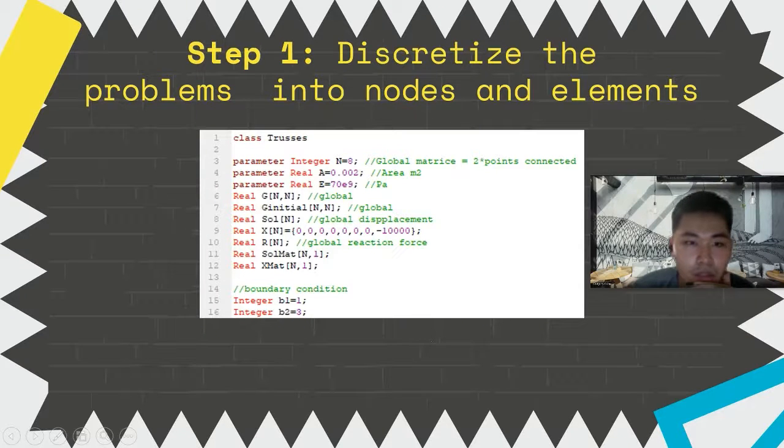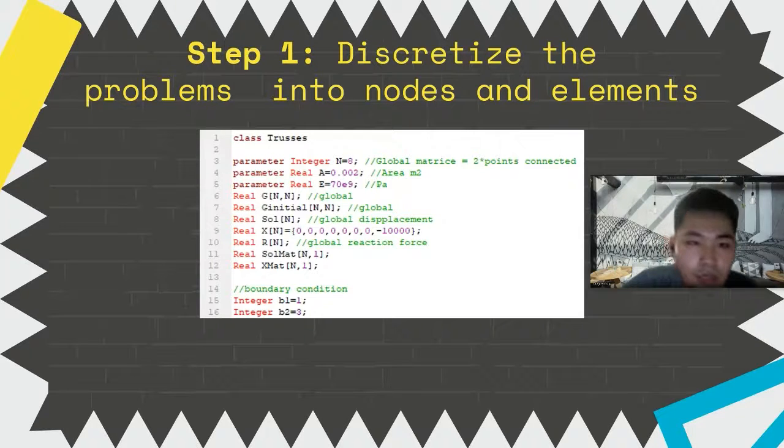Here the first one is the parameter, integer n equals 8. It is the global matrix size that we can find from 2 times the number of points connected. Because the points connected is 4, we times it by 2 to get the number. Then the second one is the area in meter square. Because the given numbers are in centimeter square, we change it to meter square. It becomes 0.002.